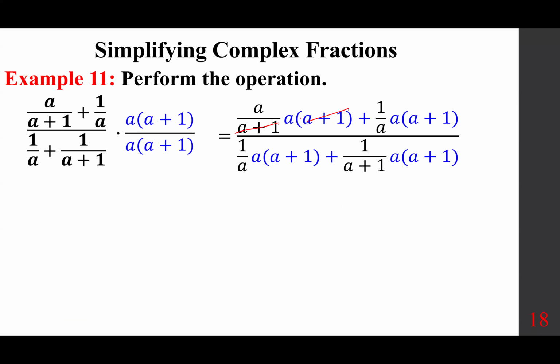This one cancels out this one, and we get a squared. This one cancels out this one, and we get 1 times a plus 1, or simply a plus 1. This one cancels out this one, and we get the same thing, 1 times a plus 1. This cancels out this one, and we get a.